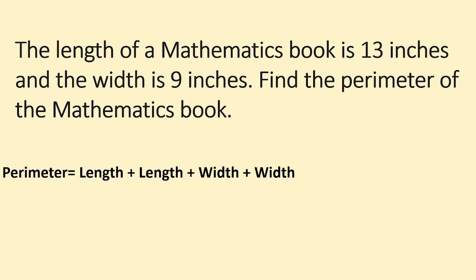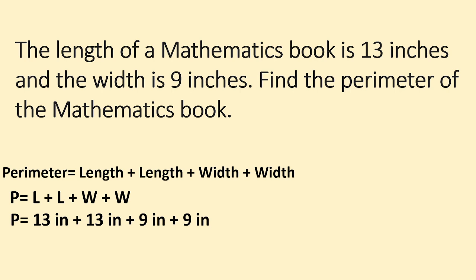We have here perimeter equals length plus length plus width plus width, or we are going to write P equals L plus L plus W plus W. Now, we are going to write 13 inches plus 13 inches plus 9 inches plus 9 inches. So, 13 plus 13 plus 9 plus 9 equals 44. So, the answer is 44 inches.